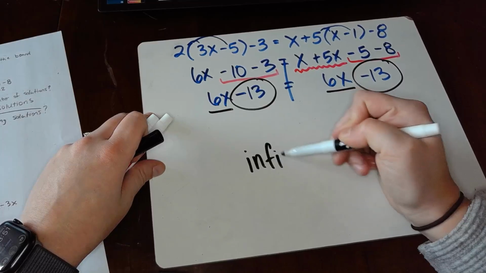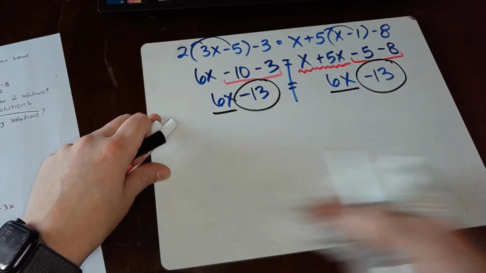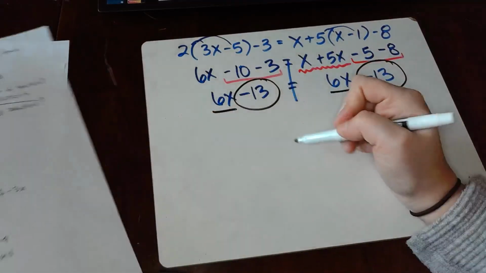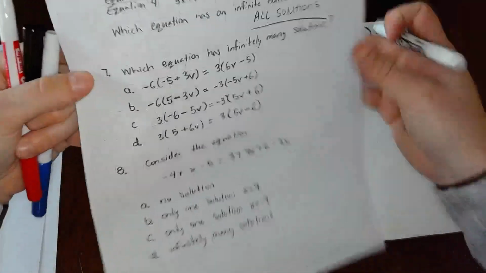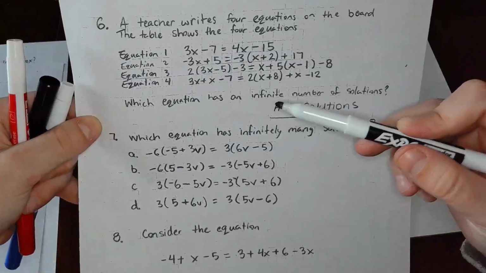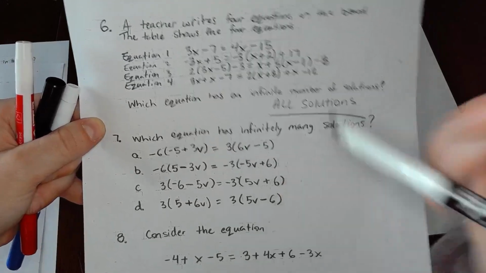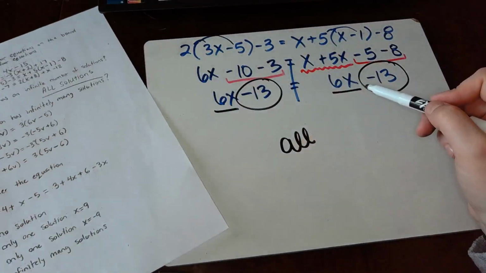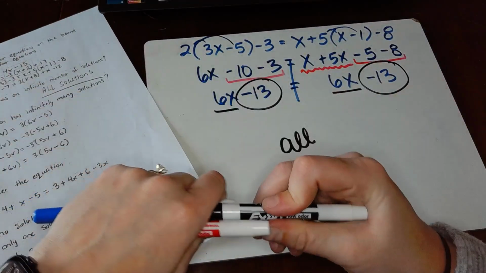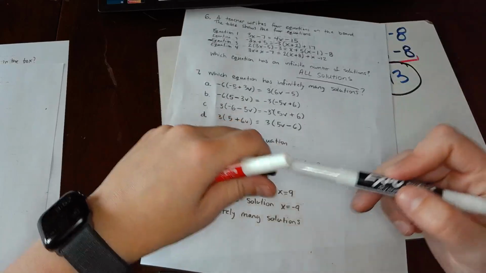Therefore, your final answer would be, I misspelled infinitely, all solutions or infinitely many, and that's what number 6 was asking for. Which equation has an infinite number of solutions? Well, we just broke down equation 3 and found that it had all or infinitely many solutions. Therefore, your answer to number 6 would be equation 3.